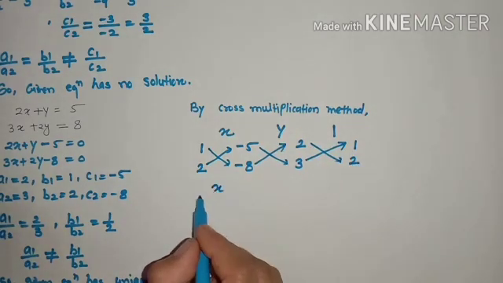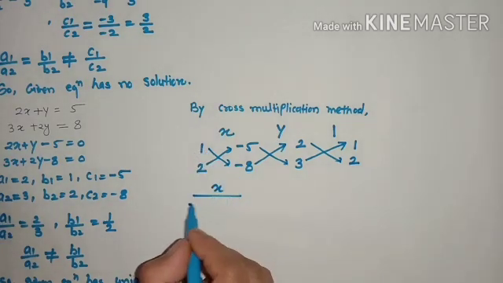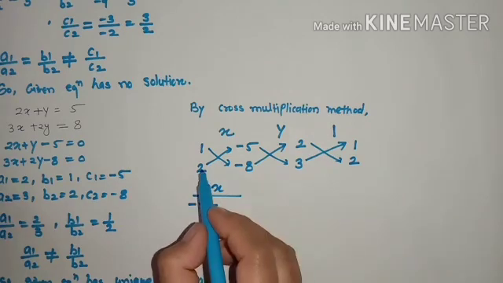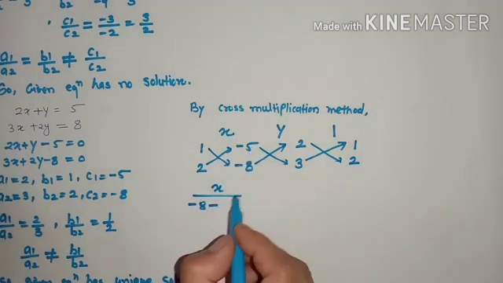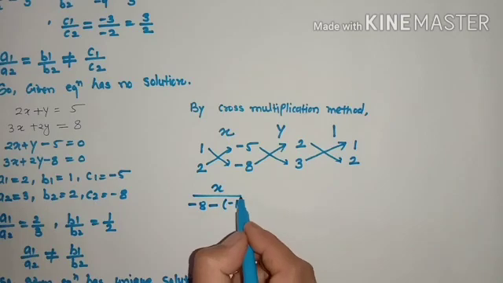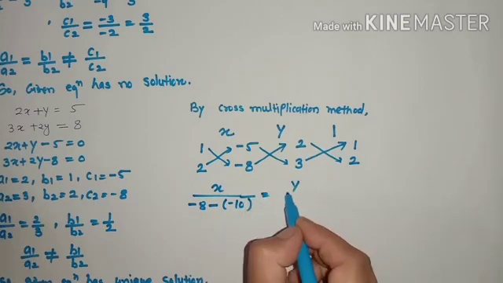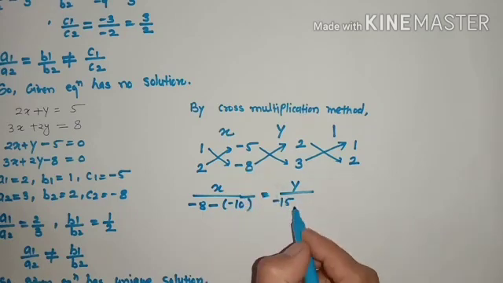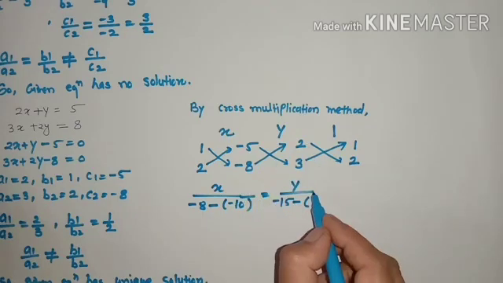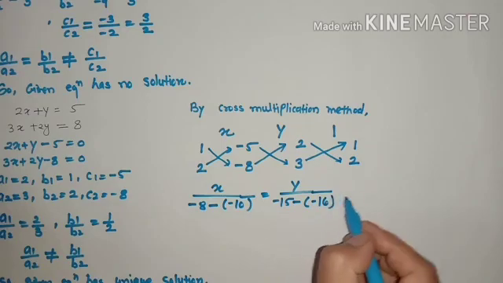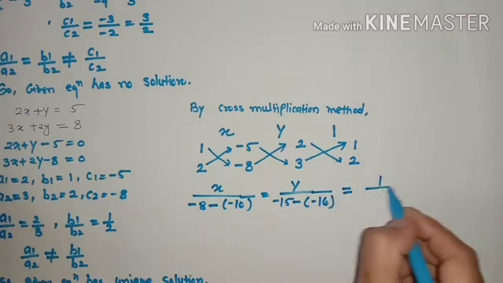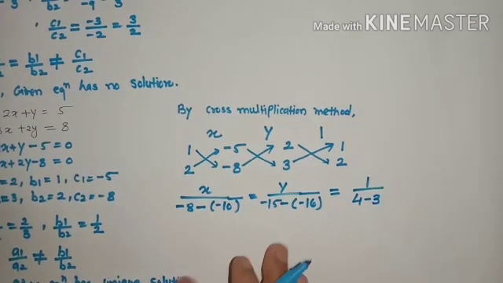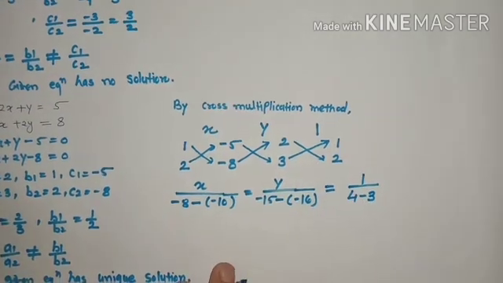So x upon 1 into -8 we will get -8. In between, minus sign, 5 into -5 we will get -10. Then y upon -5 into 3, -15. -8 into 2 we will get -16, equals 1 upon 2 2s are 4 - 1 - 3 into 1 we will get 3.